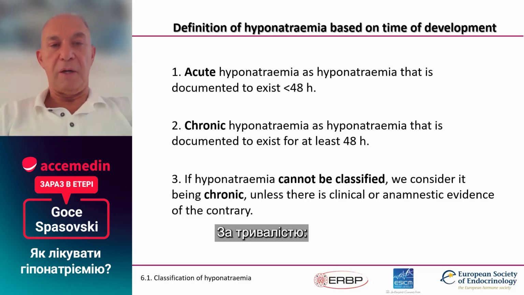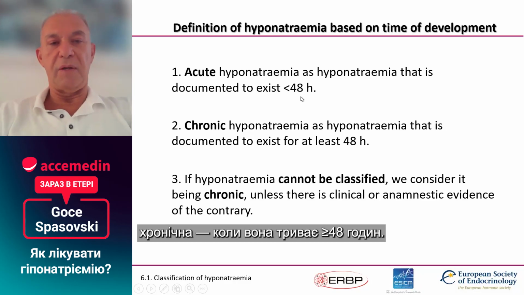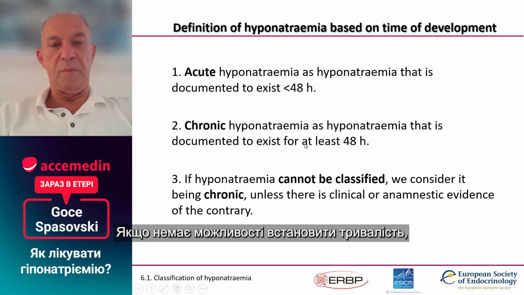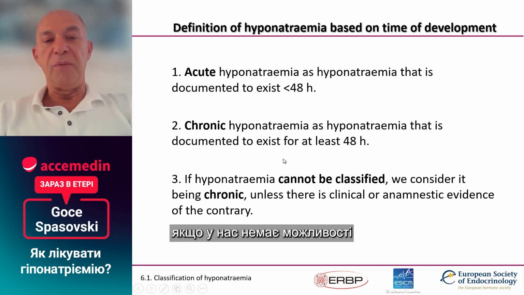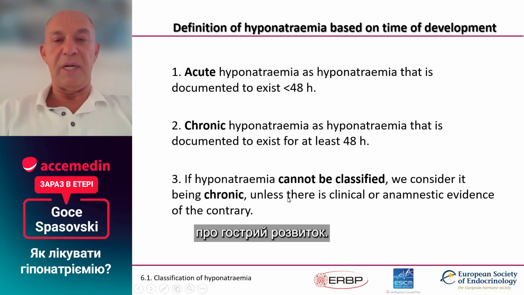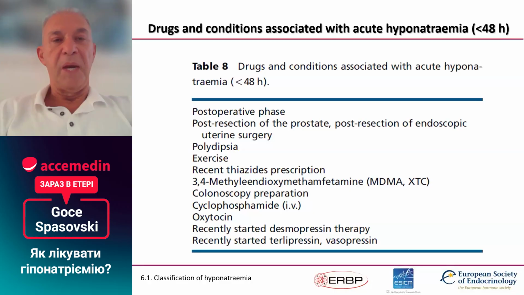It may be acute hyponatremia, documented to exist for less than 48 hours, or chronic, when it exists for more than 48 hours. And if we do not have the possibility to classify the hyponatremia, then we can consider it as being chronic, unless there is any clinical or anamnestic evidence to the contrary.